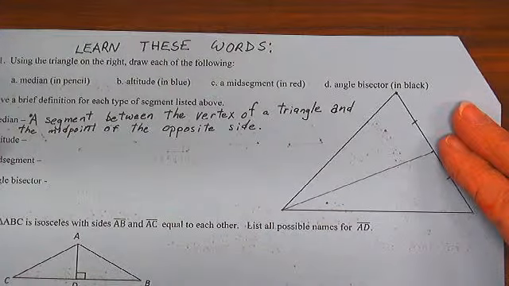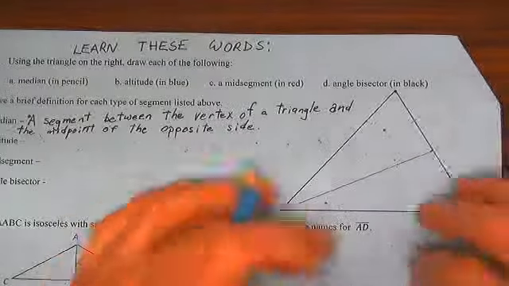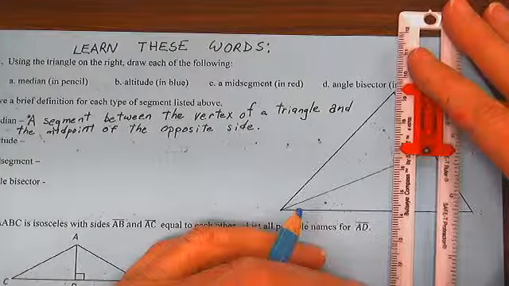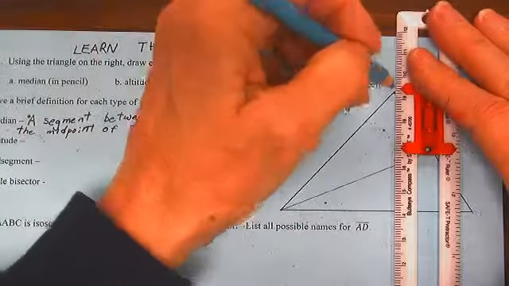If I had an excellent compass with a real sharp point, I would use that and construct a perfect perpendicular. But for this exercise, I think I will simply estimate from here to here.